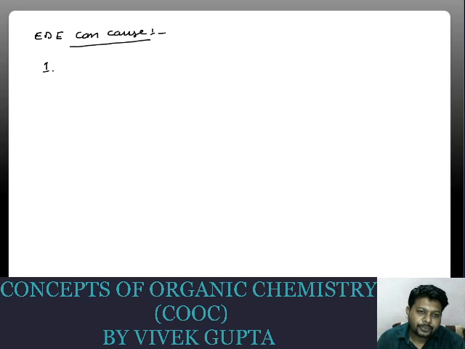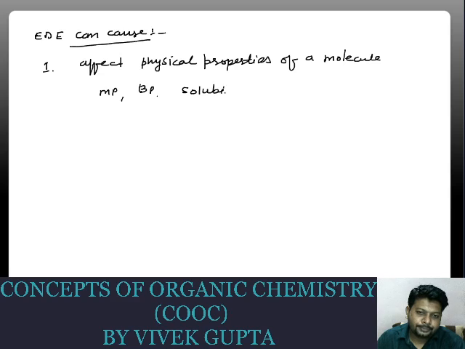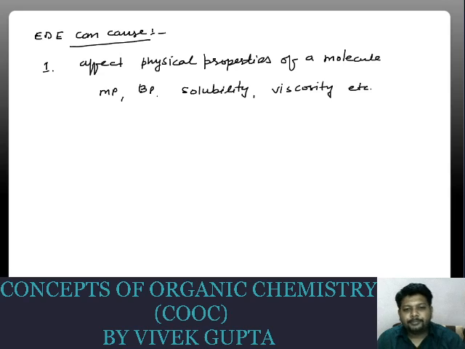So first, they can affect the physical properties of a molecule. Means let's say melting point, boiling point, solubility, viscosity, etc. There are many physical properties which can get affected due to the electronic displacement effect.